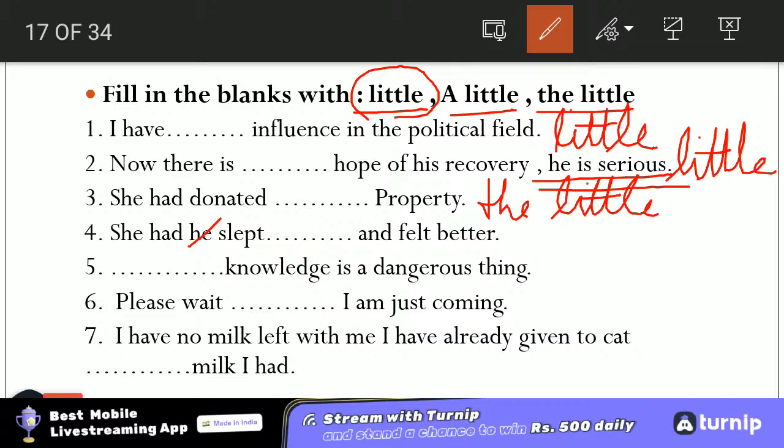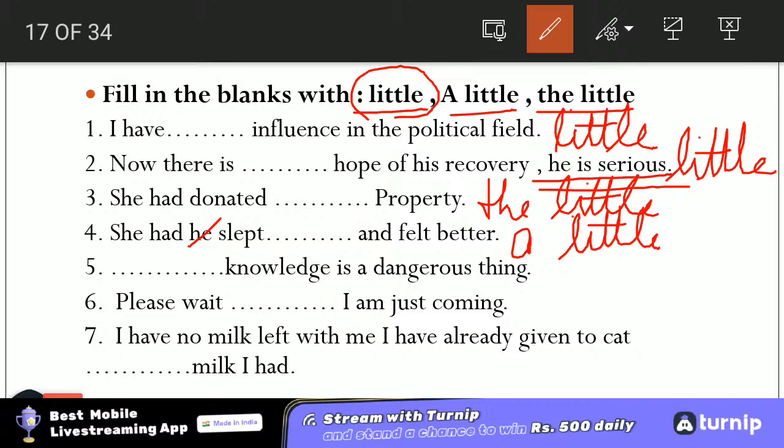And what do we use in the case of positive meaning? Yes, a little. A little is used in case of positive meaning. She had slept a little and felt better.